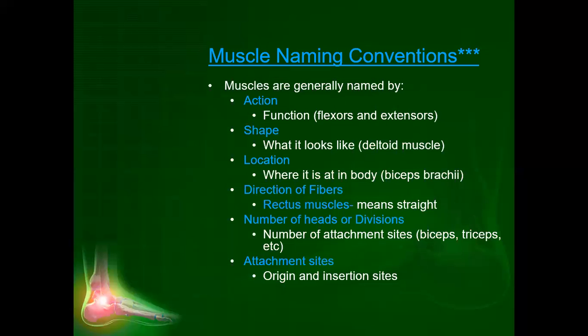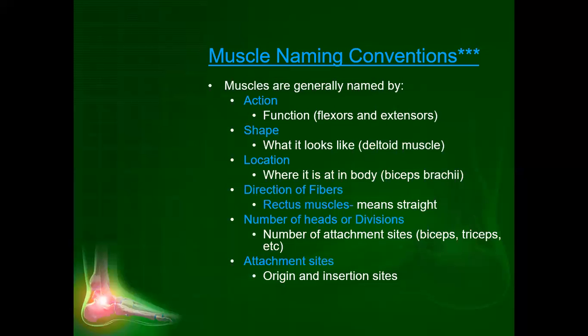So we have one plate of muscles and the fibers run in this direction. What direction is this? Go back a million years ago. No. Transverse. So this is the abdominis transversus.